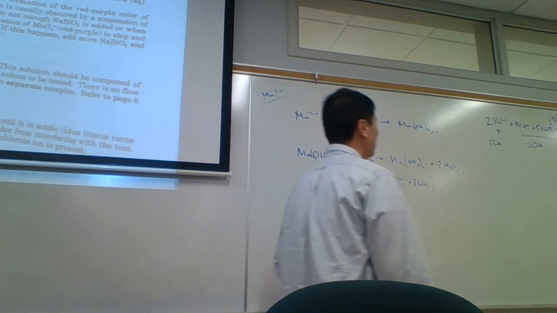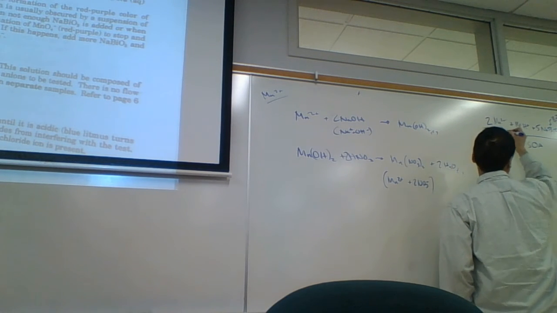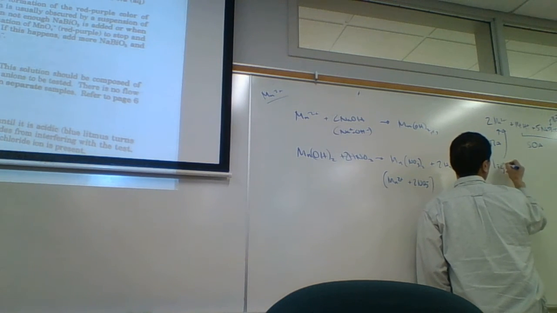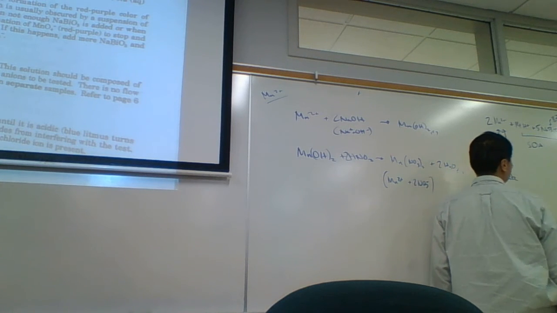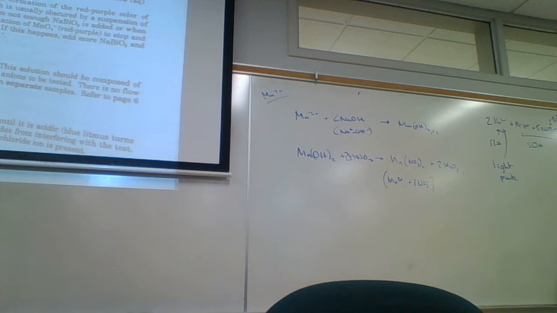It turns out that manganese 2+ is light pink. Sometimes it's so hard to see the color. It looks like a CCS, clear colorless solution. But this is a light pink solution. Permanganate is a dark purple solution.